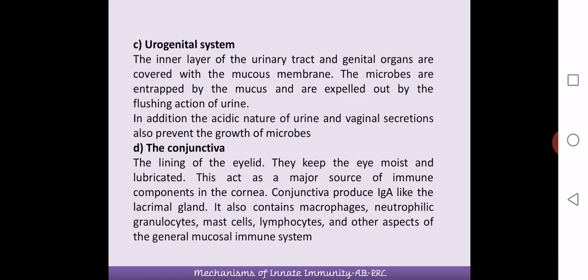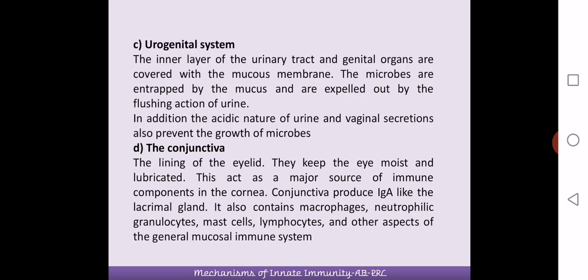Then finally the conjunctiva, that is the open part of the eye. Usually it's moist and lubricated, because of the production of body fluids, and they provide protection to the eye.